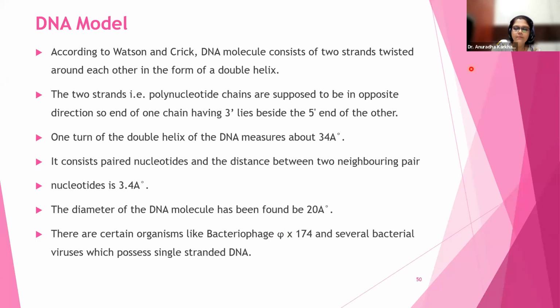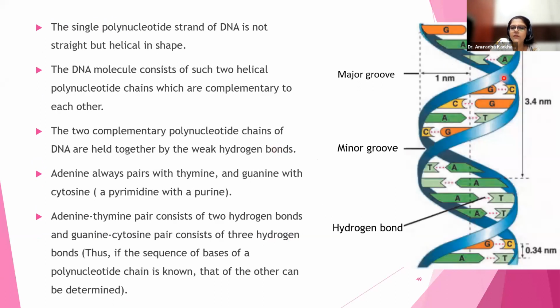I'll show you again. This is one turn, from this to this. From here to here we counted 10, 1 2 3 4 5 in this, 6 7 8 9 10 in this. So from this to this is one turn.